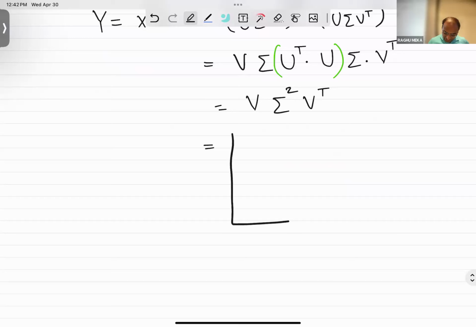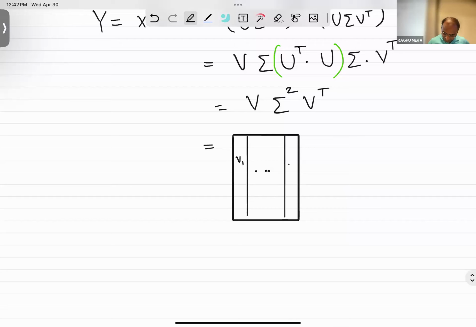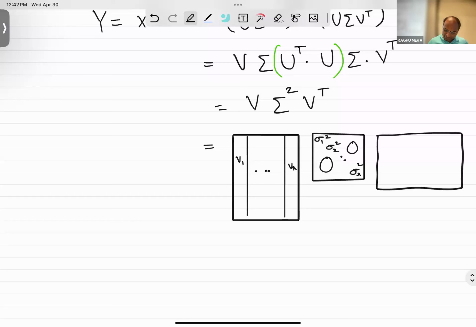If I once again write it down in this notation that we've been using, I have V1 up to VR, I have sigma 1, sigma 2, sigma r. Now, the square of a diagonal matrix would just square the entries on the diagonal. So you have zeros here, and then I have V1 transpose up to VR transpose.